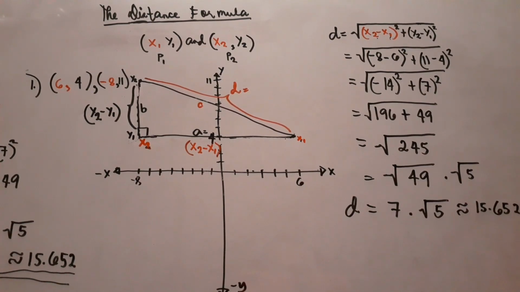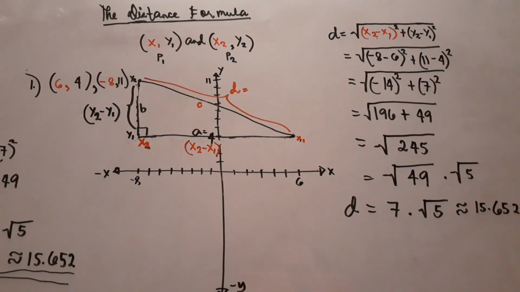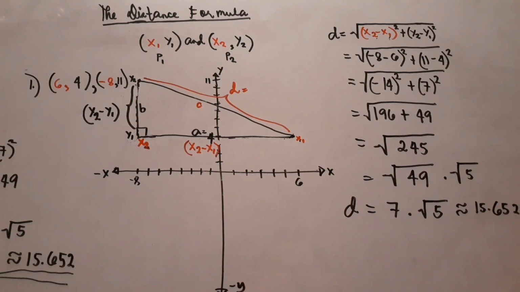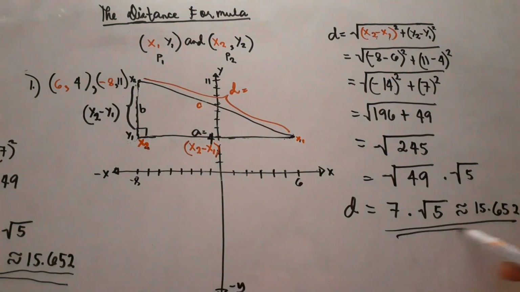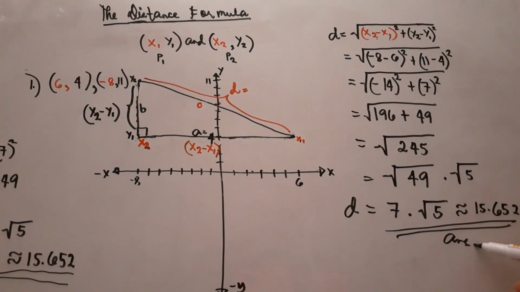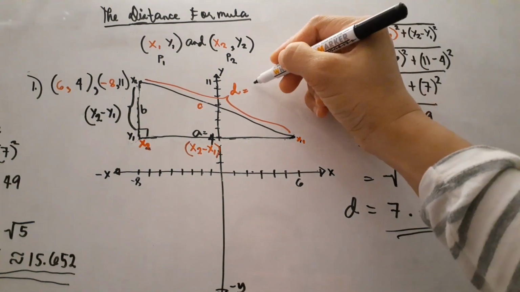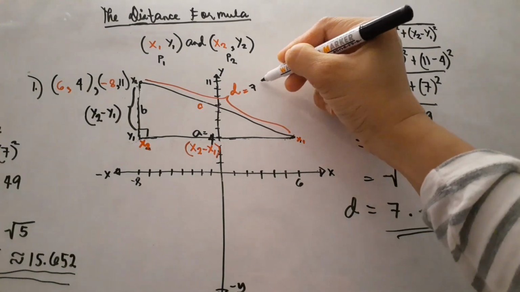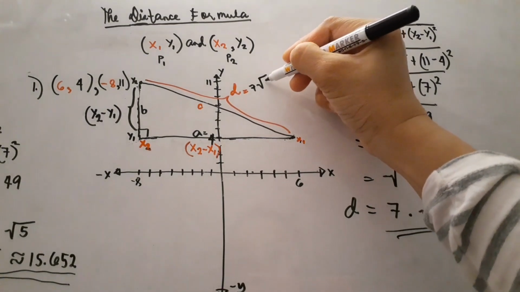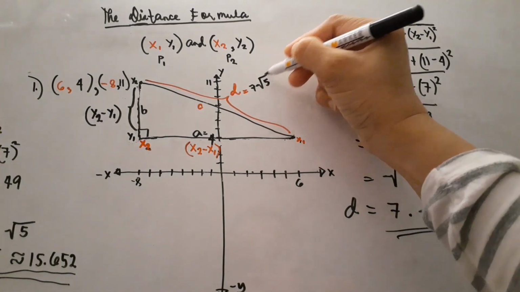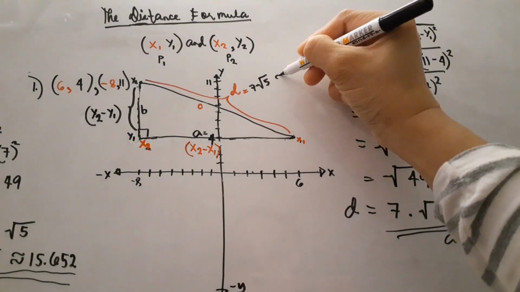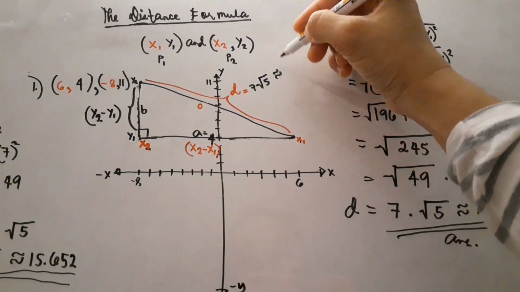It is approximately 15.652. So it is the same as when we use the formula with the hypotenuse. Remember, it is the same answer. So our distance is 7 square root of 5, and we don't need to put a dot, as it is understood to be multiplied by the square root of 5.